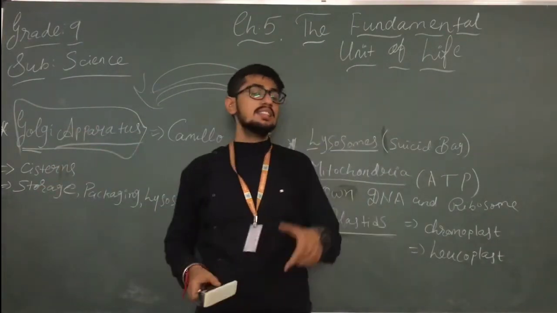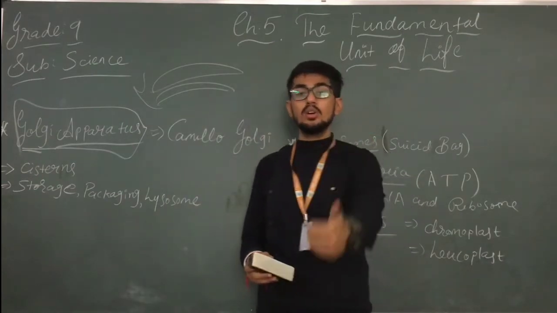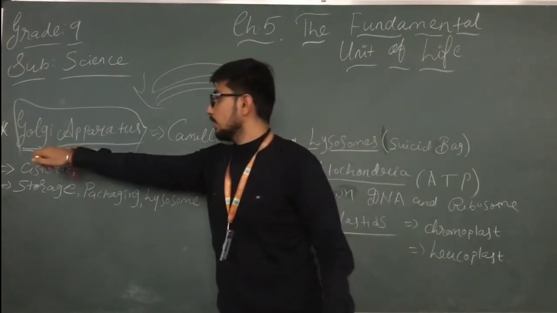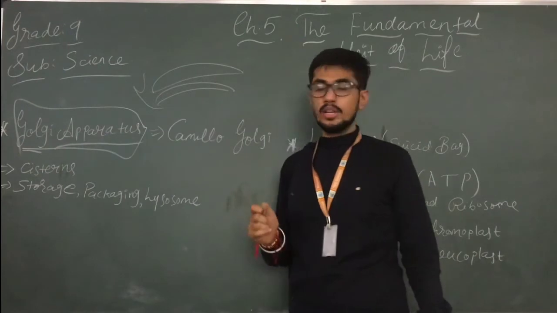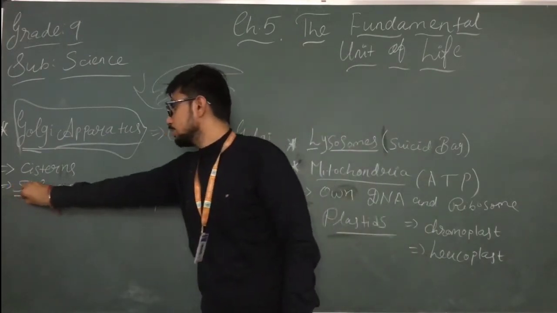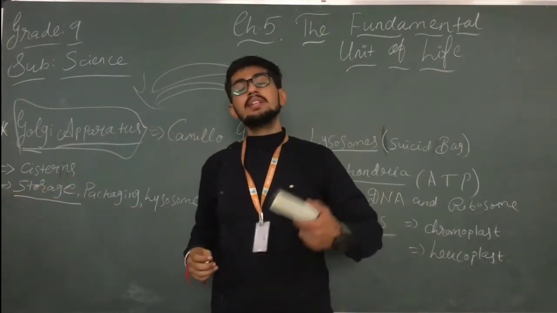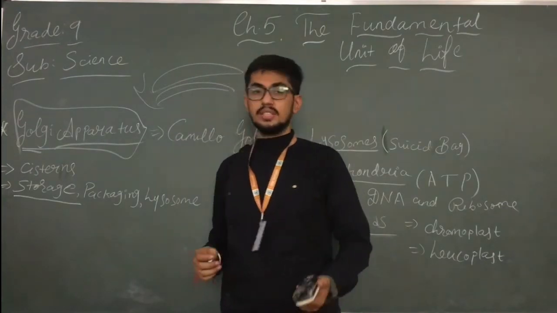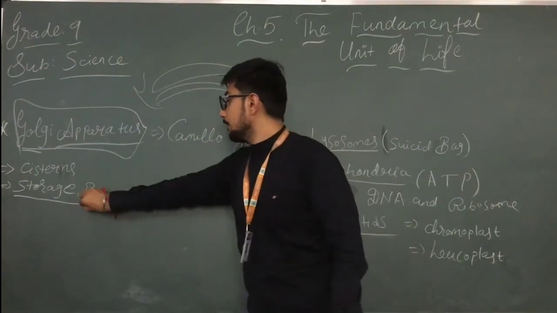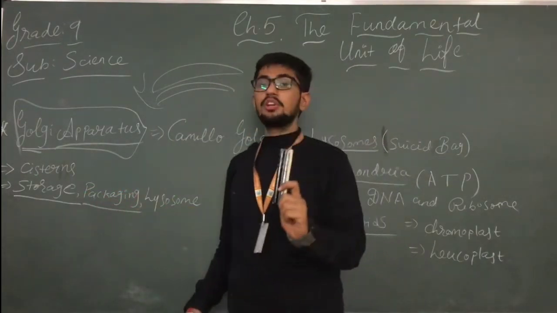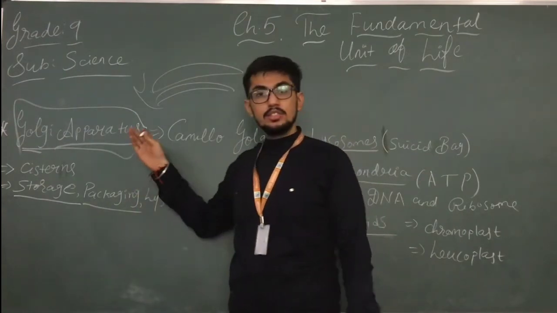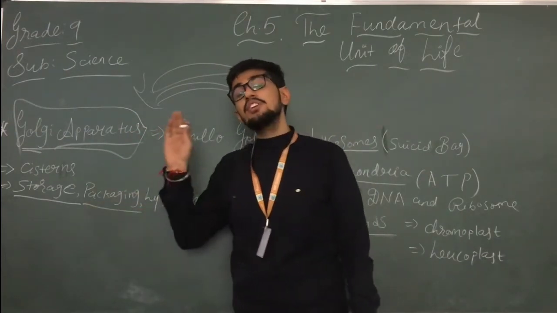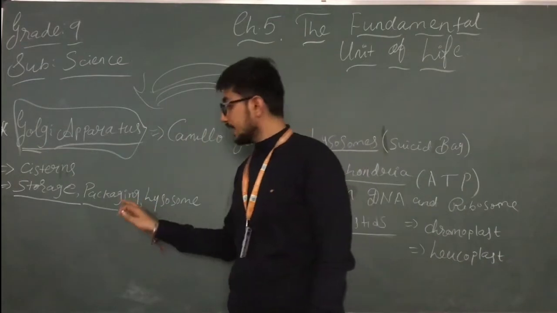So what kind of functions are performed by the Golgi apparatus? First thing, storage. The Golgi apparatus stores a lot of things in it. Second, packing and also modifying. वो क्या करते हैं? सारी चीजों को पैक करते हैं and modify भी किया जाता है पैकिंग के लिए.